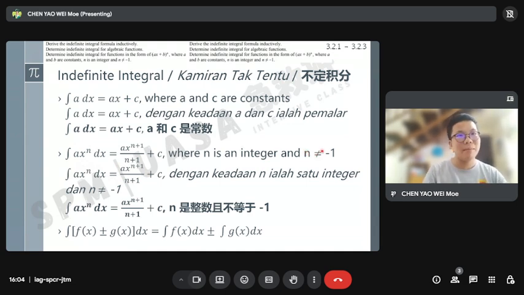If it becomes -1, there will be no answer and it will become not defined. If you are good in maths, I think you know about it. When we do integration that involves two functions with an operation between them, what will we do? We do one by one.